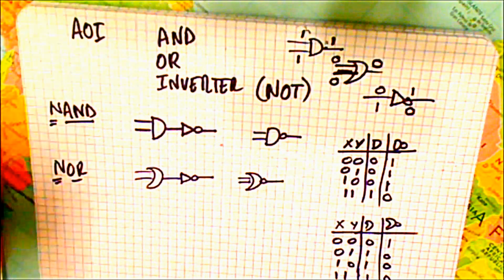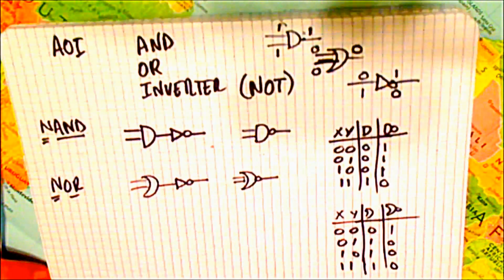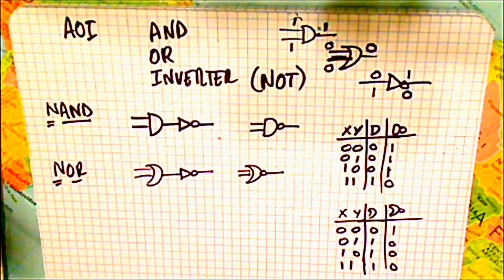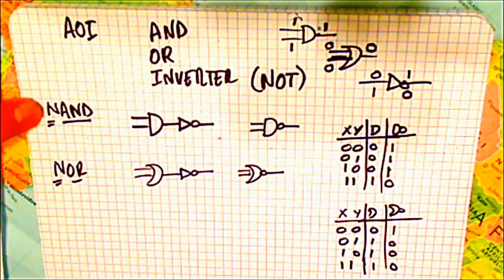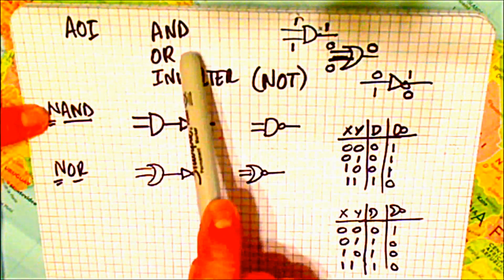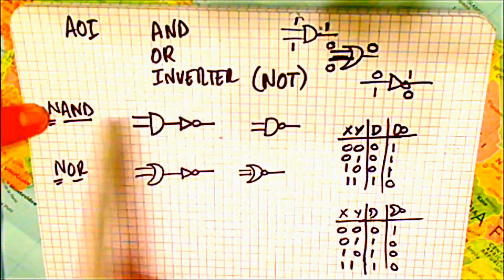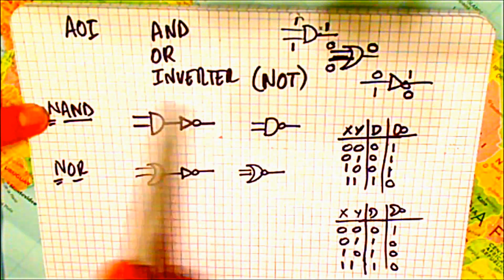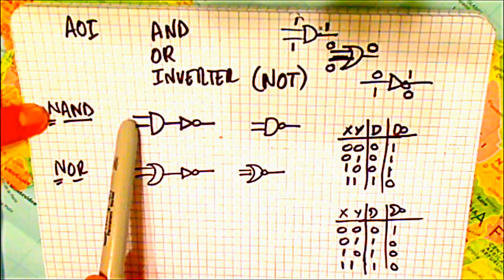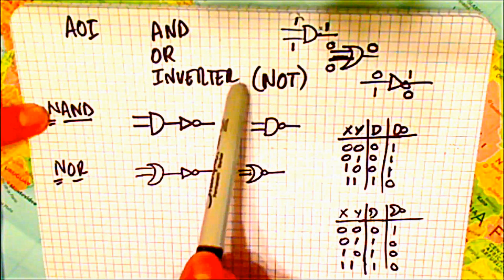So the focus of this lesson, however, is not to learn the truth tables, but to utilize NAND-only gates where there exists AND, OR, and inverters. So what we're going to do next is wire NAND gates in such a way that they will behave exactly like AND gates, OR gates, and inverters.